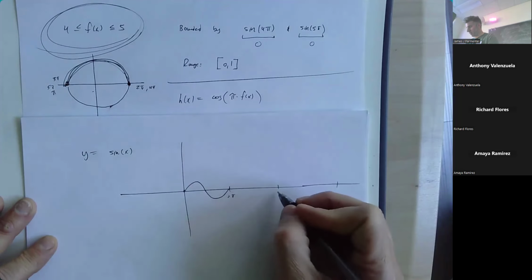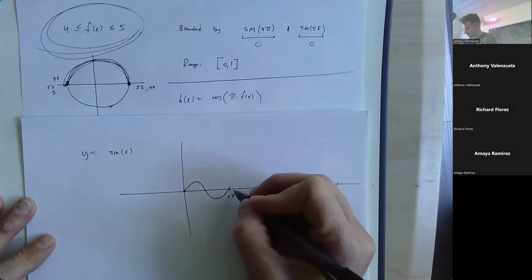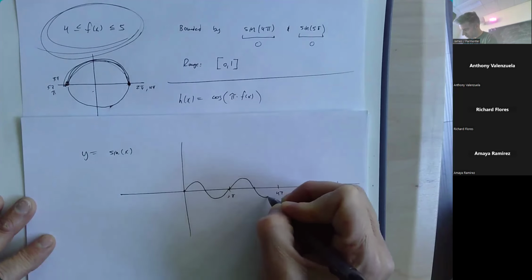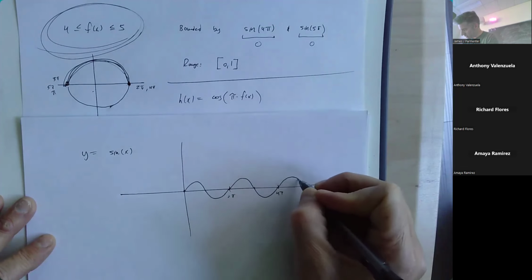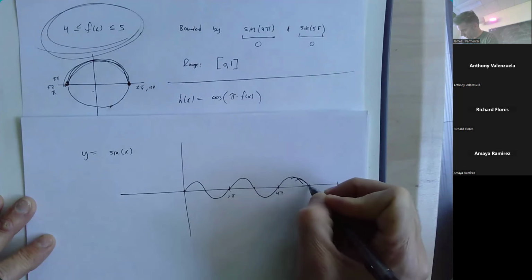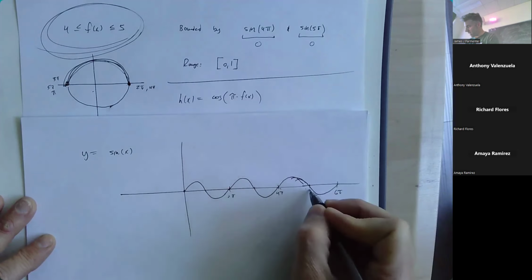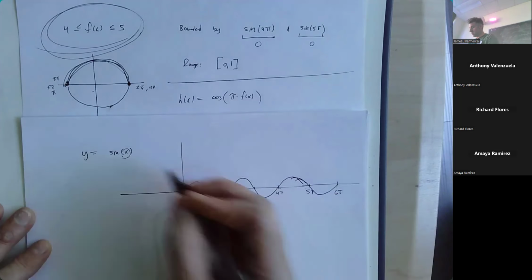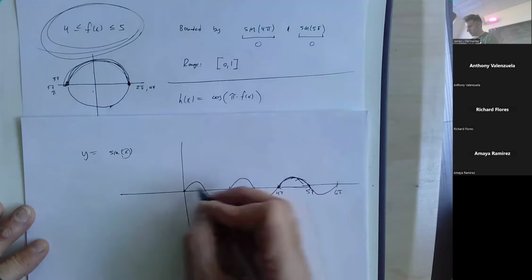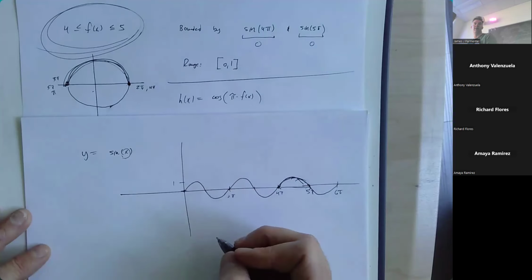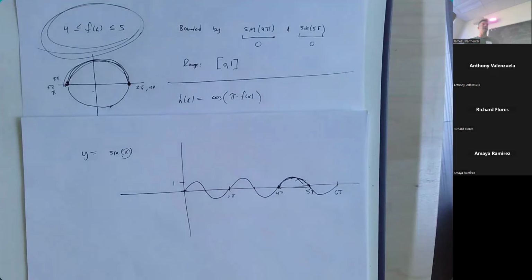Then from 2 pi to 4 pi, it does the same thing, and from 4 pi to 6 pi, it does the same thing. Wow, my graph is getting worse and worse every time. But from 4 pi to 5 pi, the inputs go from 4 pi to 5 pi, and the outputs are up here, which are between 0 and 1. That's maybe another way of seeing it that might be easier for some people.